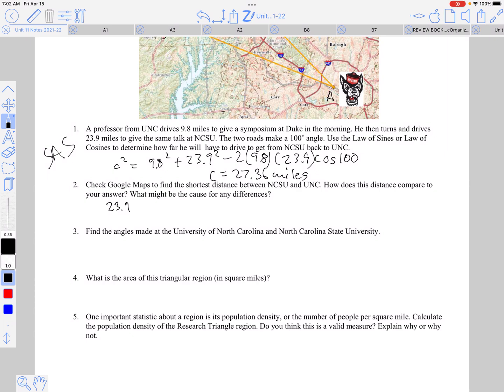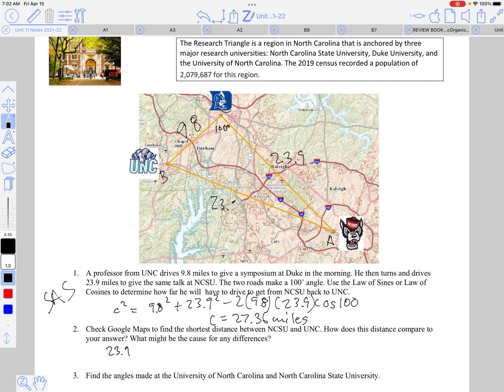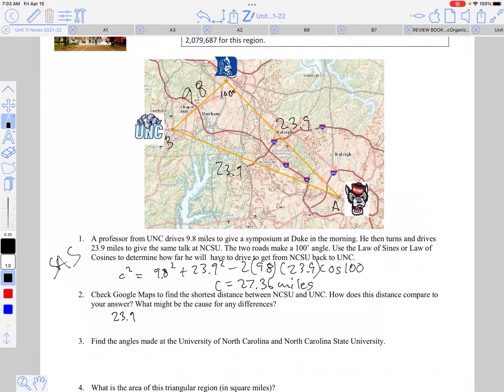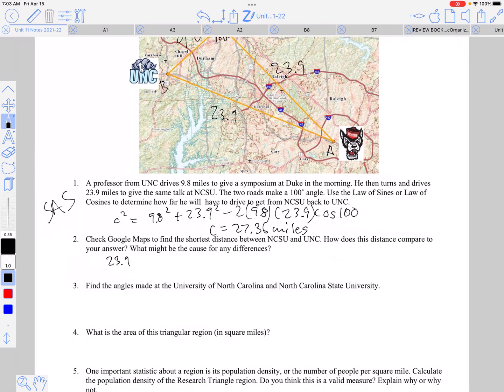Okay, find the angle made at the University of North Carolina and North Carolina State University. So this one, I'm going to be finding angle A. So find the angles made at each one, but I'm going to use angle A and find North Carolina State University first.